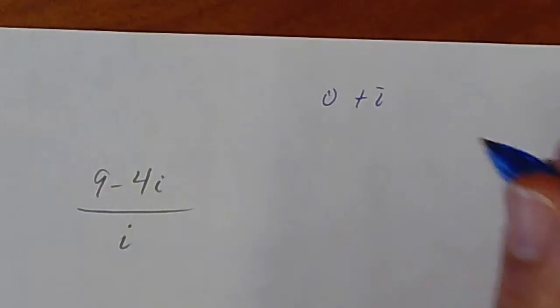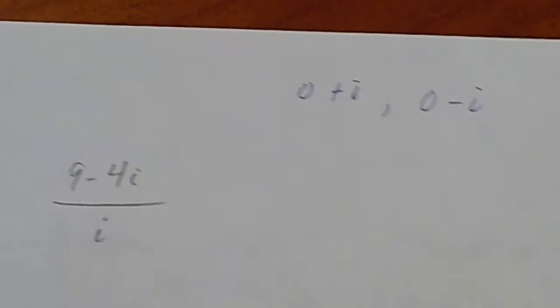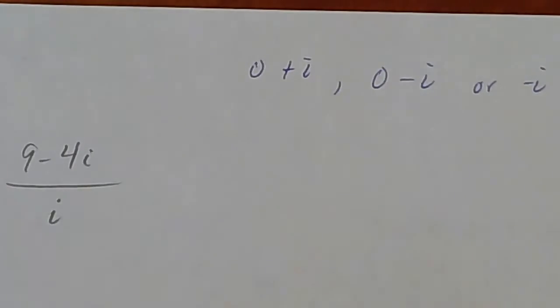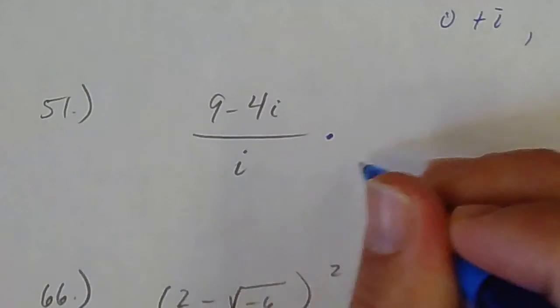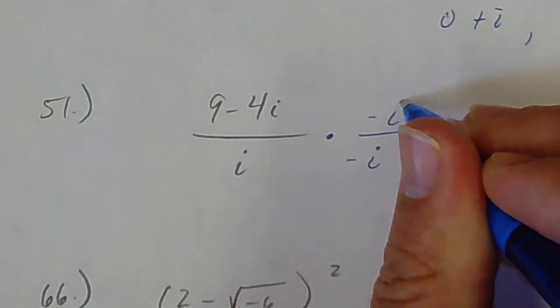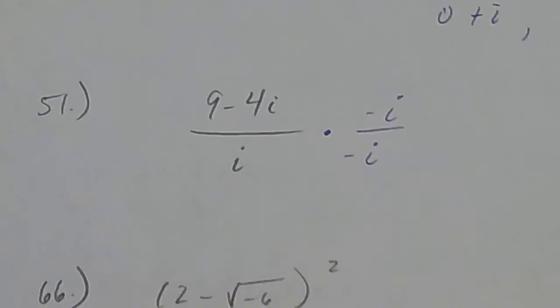So what do you think its conjugate would be? 0 minus i. Or we don't really have to do the 0 minus i. We could just say negative i. So that's what you do in a situation like this. Its conjugate is negative i, and the algebra is a little bit easier when you work through it. So that's my advice for 51.